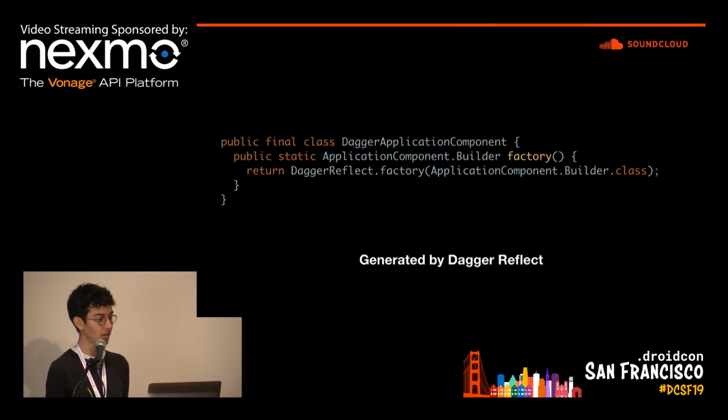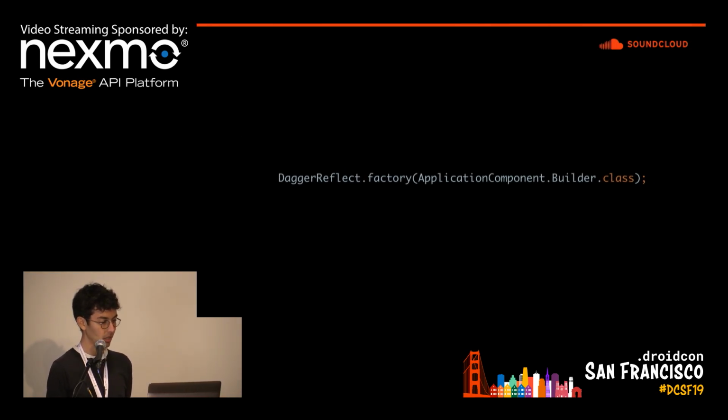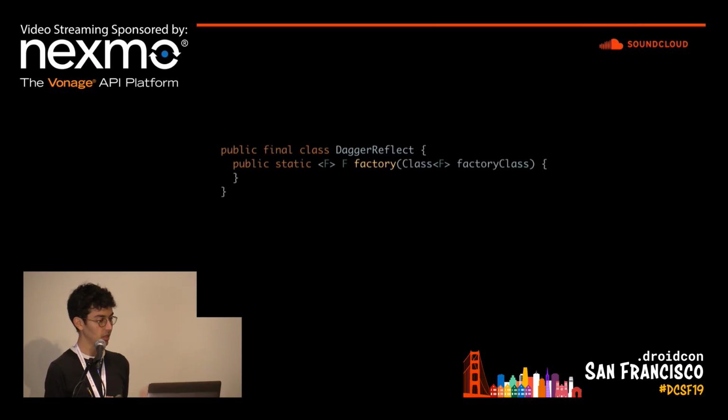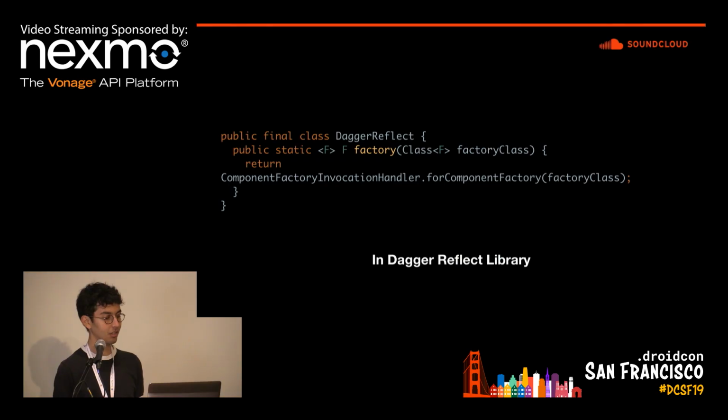The Dagger Reflect runtime has a class called DaggerReflect. And what does that do? Here's the public interface of that DaggerReflect factory class, and it calls into the component factory invocation handler.